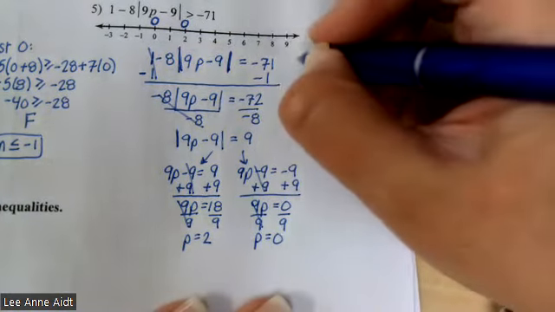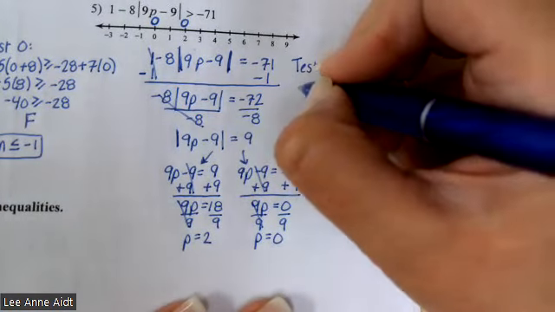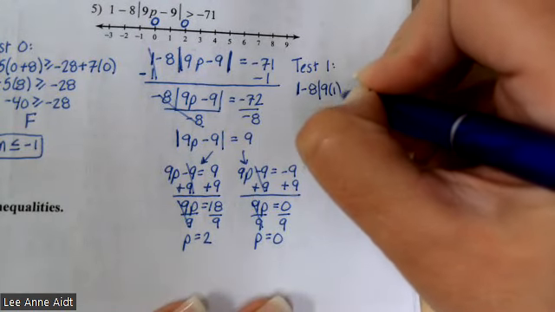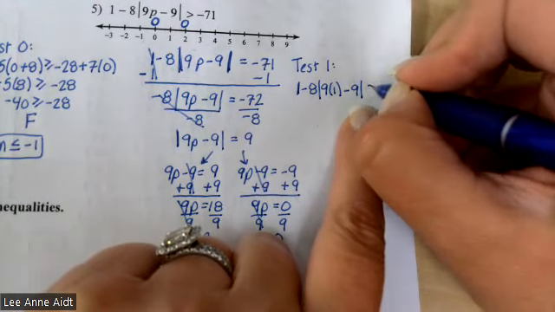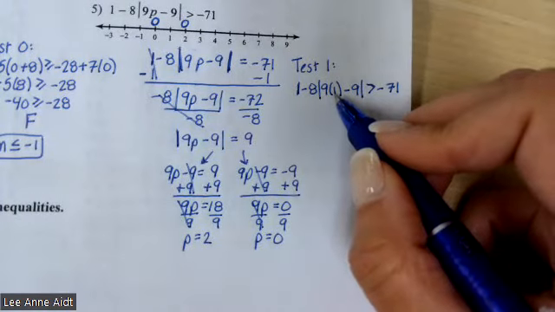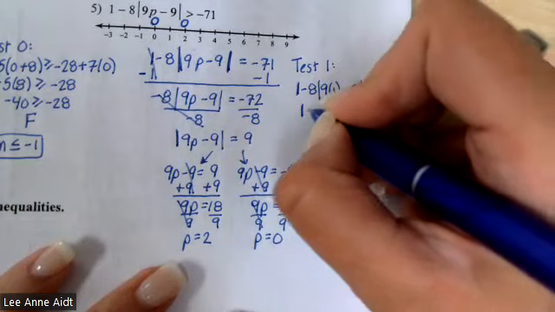Correcto. We have to test 1. But don't be upset because 9 times 1 is 9, minus 9 is 0. So it actually makes it easier.